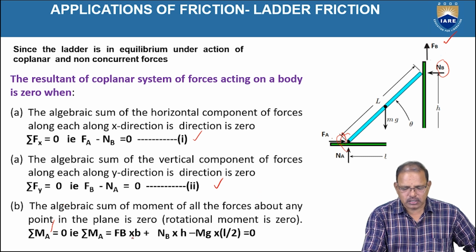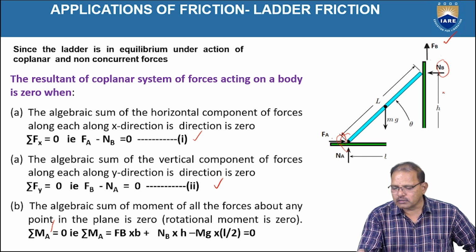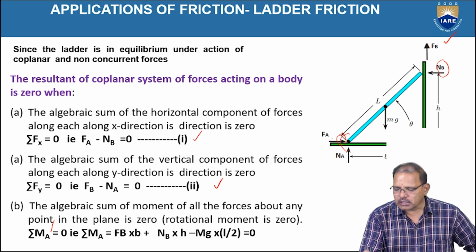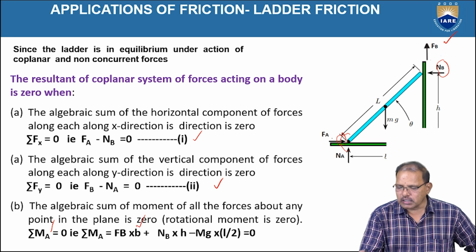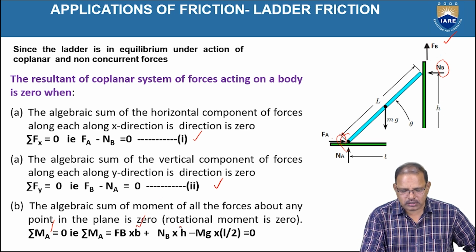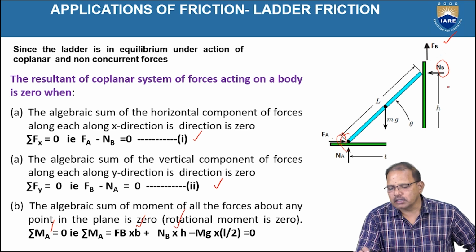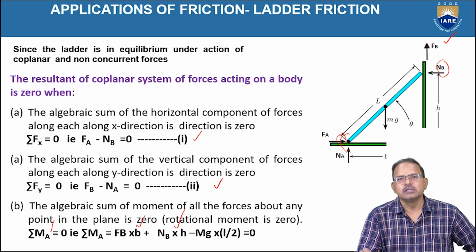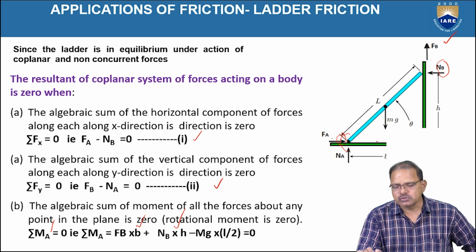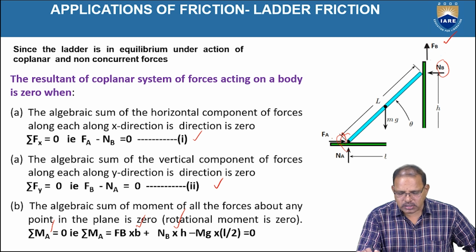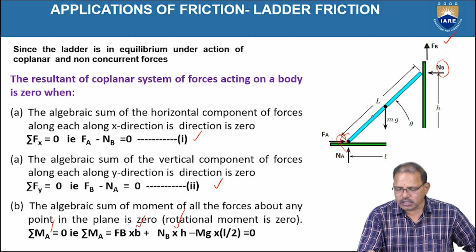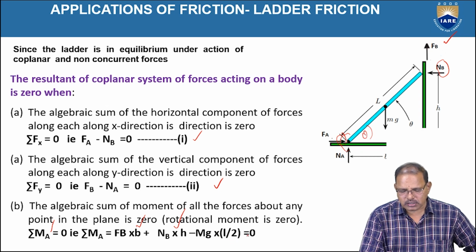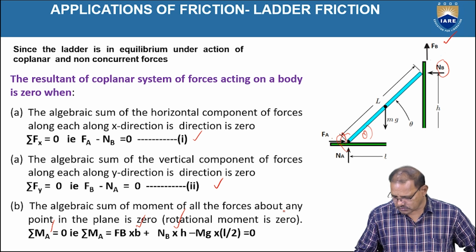That means FB into its perpendicular distance, which is B, and similarly NB into H, both tend to rotate the body in the anti-clockwise direction. These anti-clockwise moments are treated as positive. The weight acts downward and tends to rotate the body in the clockwise direction, so it is negative. It is equal to mg into L by 2 into sin theta, and the total should be equal to 0.